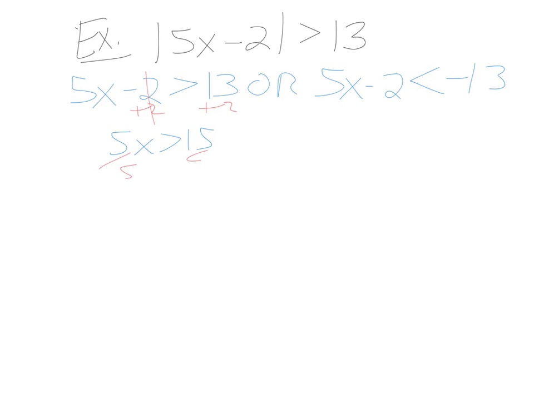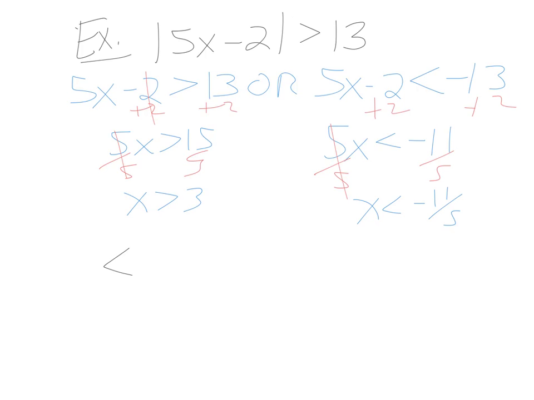Divide by 5. X is greater than 3. The one on the right, add 2. 5x is less than negative 11. Divide by 5. X is less than negative 11 fifths.